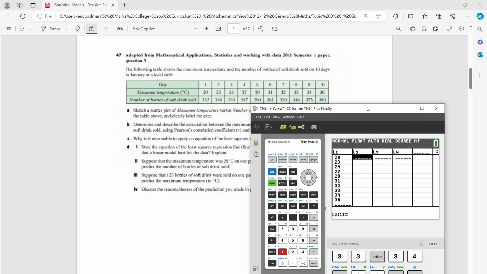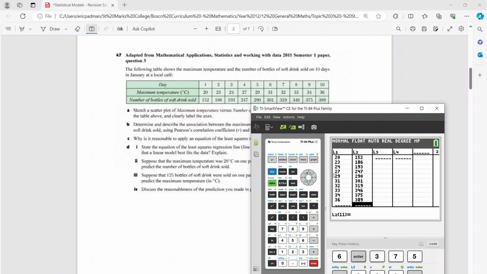Number of bottles sold each day: 152, 186, 193, 247, 290, 301, 319, 346, 375, 389, and we've got it.